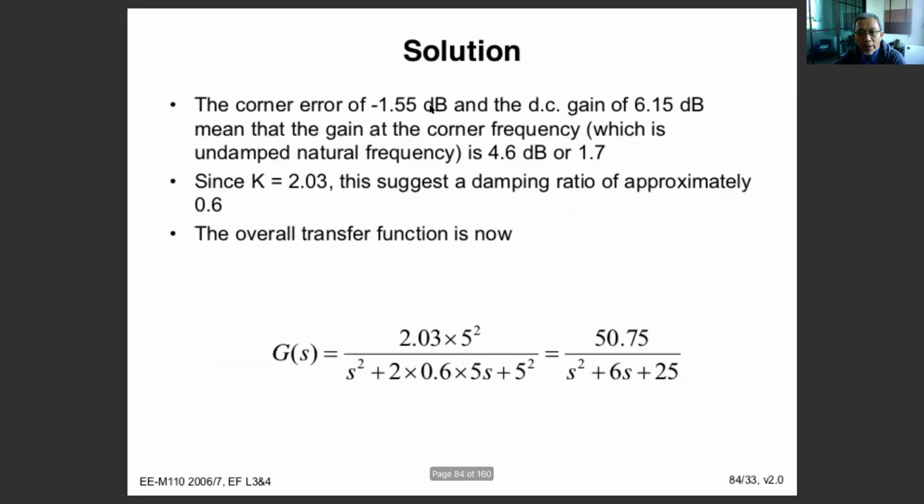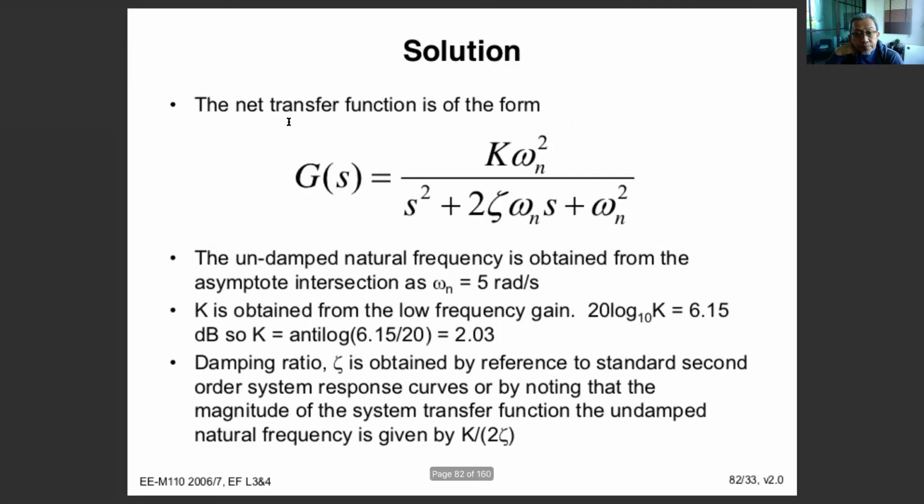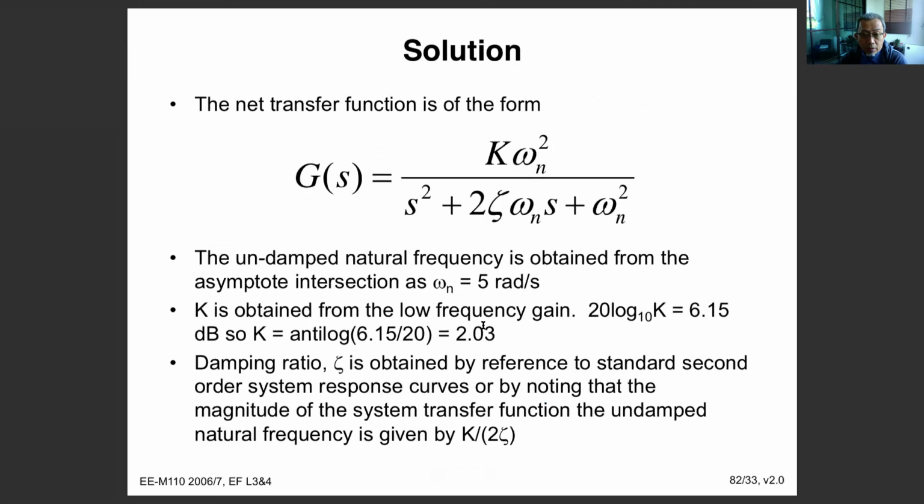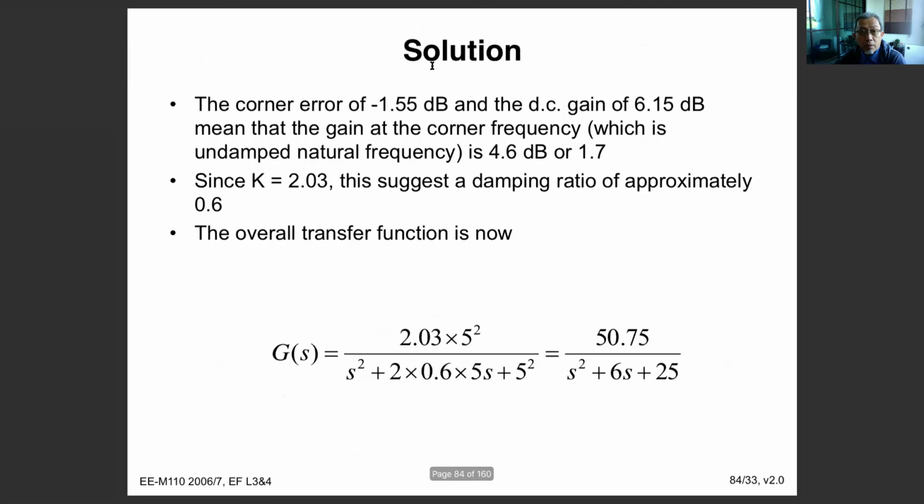When we compare it, the corner error is minus 1.55 dB, which proposes that the ratio is 4.6 decibel or 1.7.